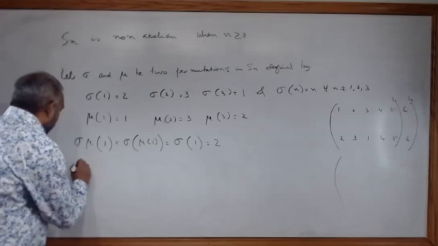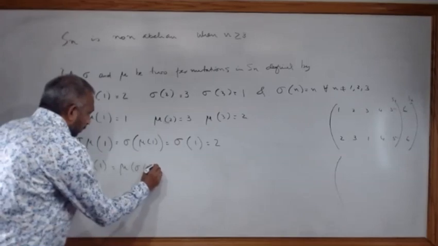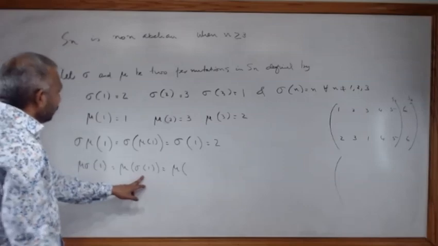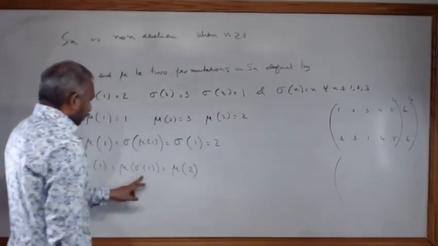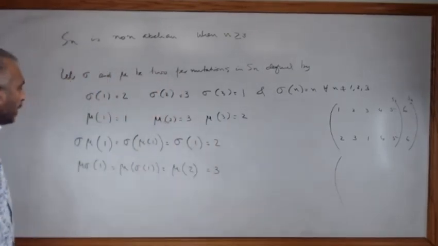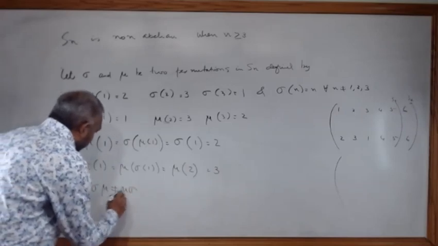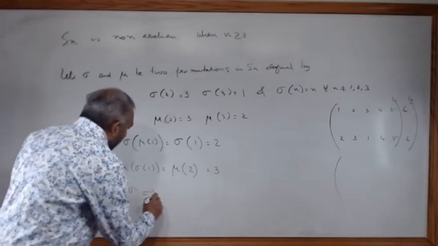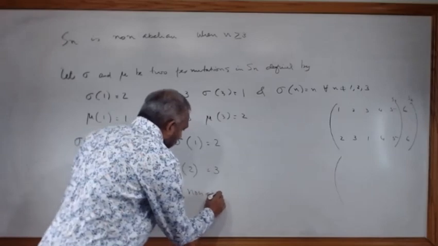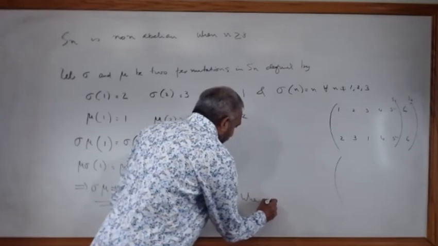Now we'll see mu sigma of 1 is equal to mu of sigma of 1, and sigma of 1 is 2, and mu of 2 is equal to 3. And that means sigma mu is different from mu sigma. That means Sn is non-abelian when n is greater than or equal to 3.